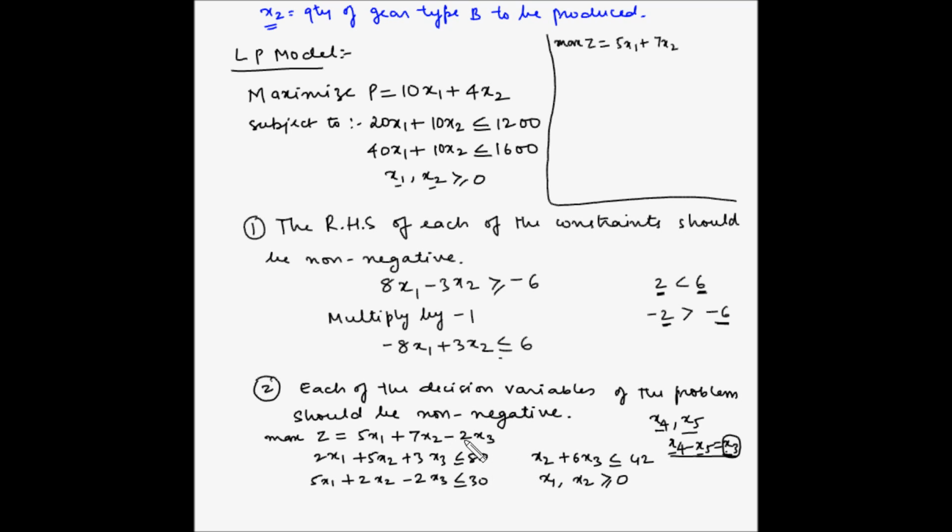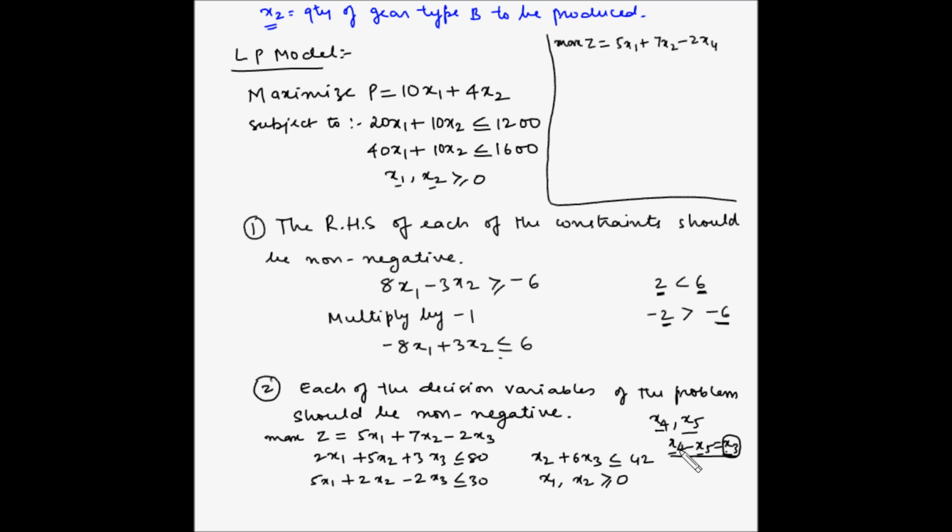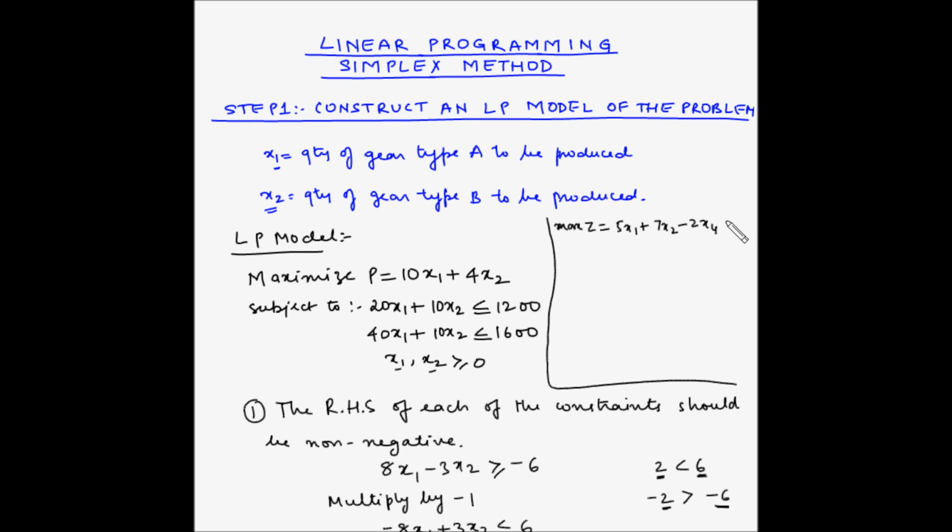So minus 2x4, and this minus minus will become plus, so plus 2 times x5.